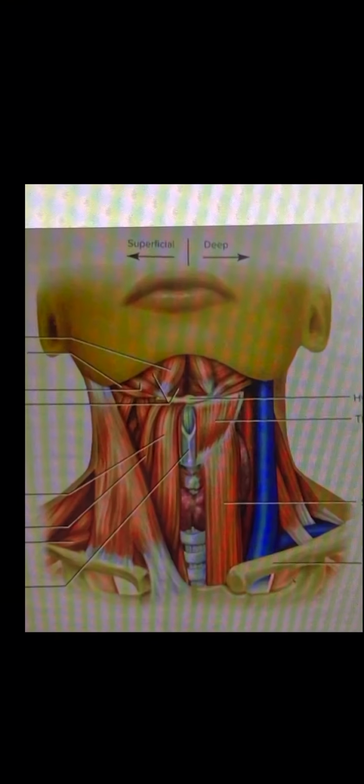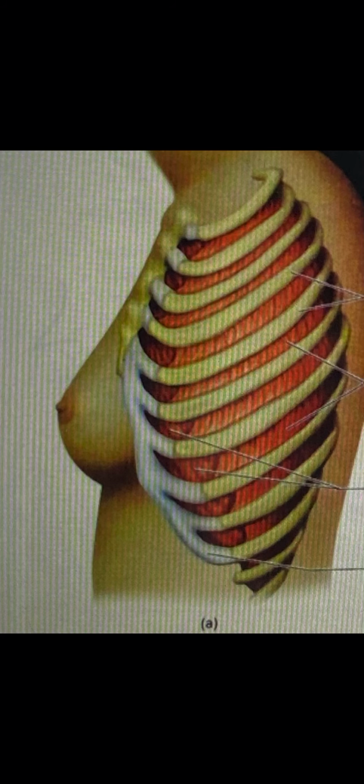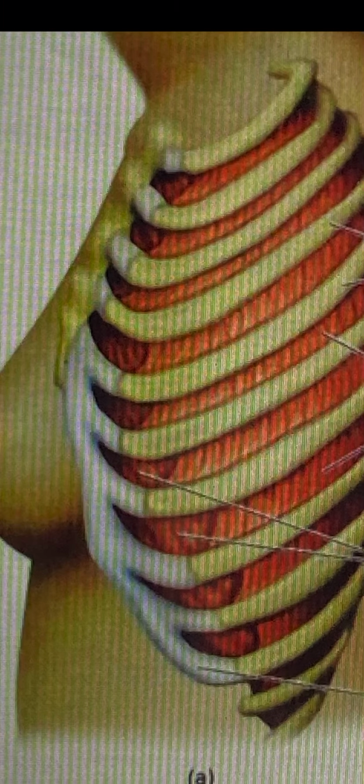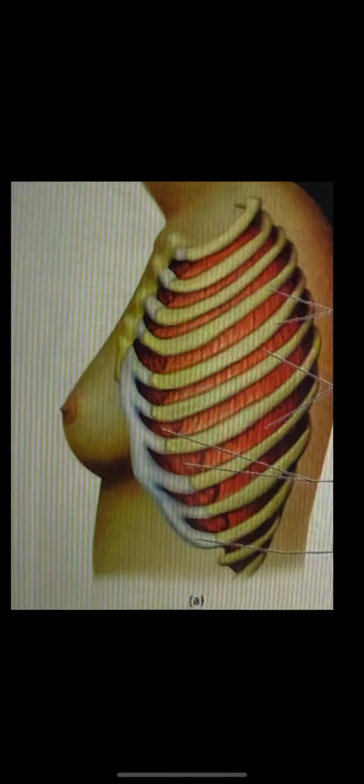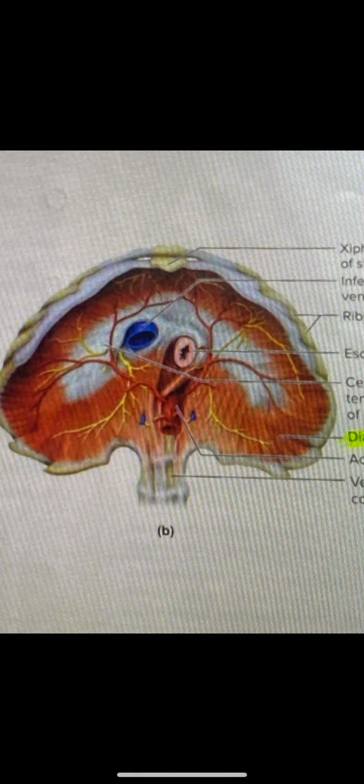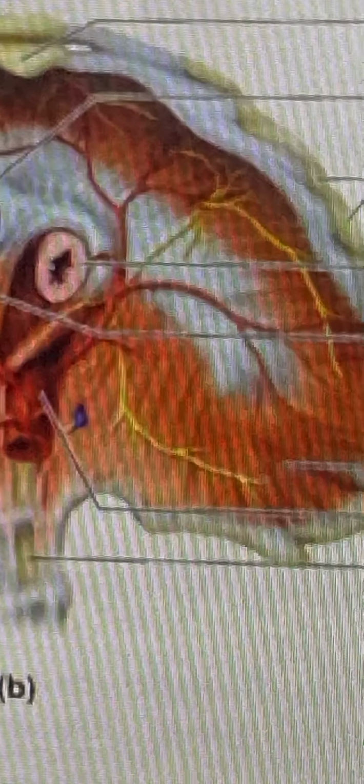Then the next shows the external intercostals, which is the outer part, and then the internal intercostals, which is the inner part. And then next would be the diaphragm, which is the outside rim, kind of.